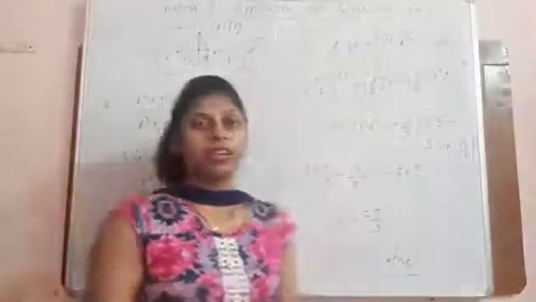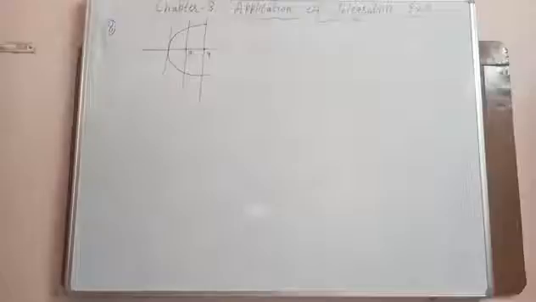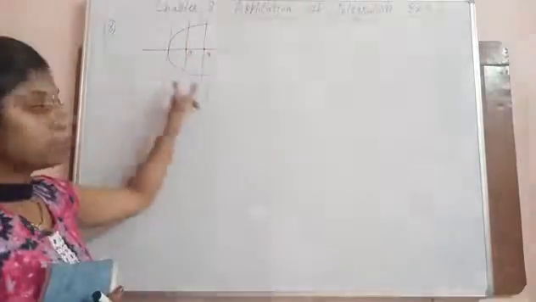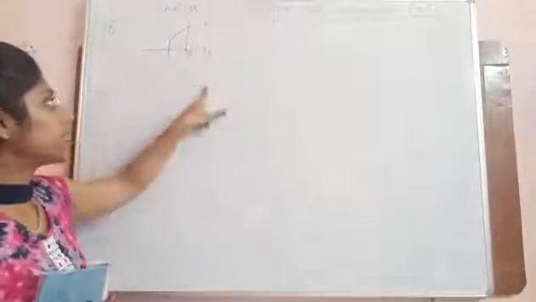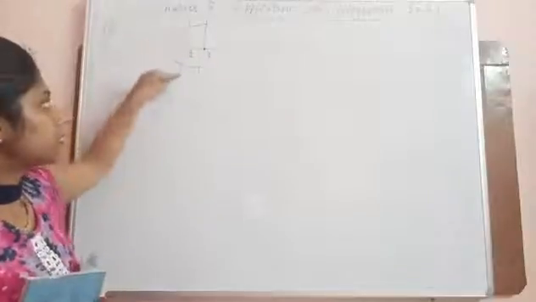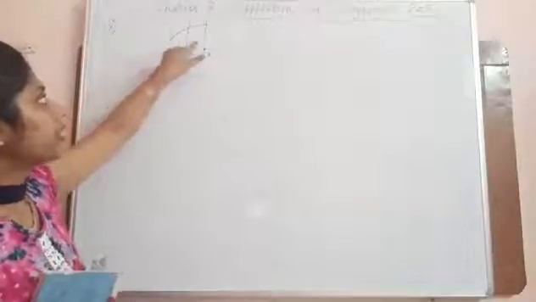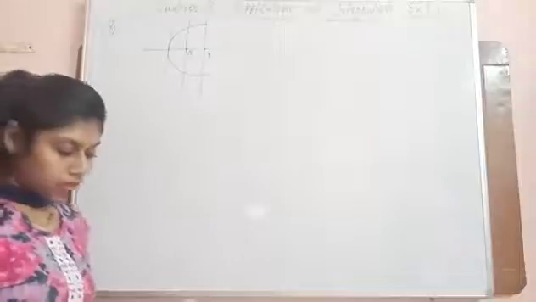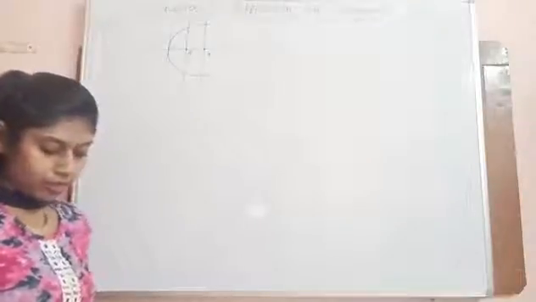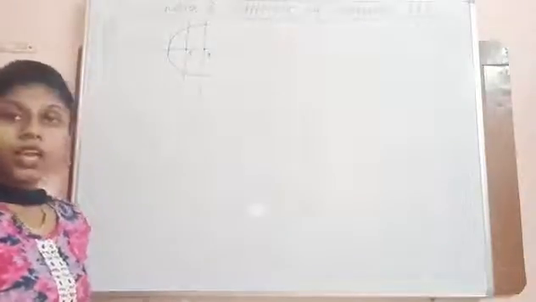Find the value of a. Firstly, see what the question is. This is the parabola. This is the line x equals 4 and this is x equals a. This line divides the area into two parts, so we have to find this value of a. These are two equal parts.